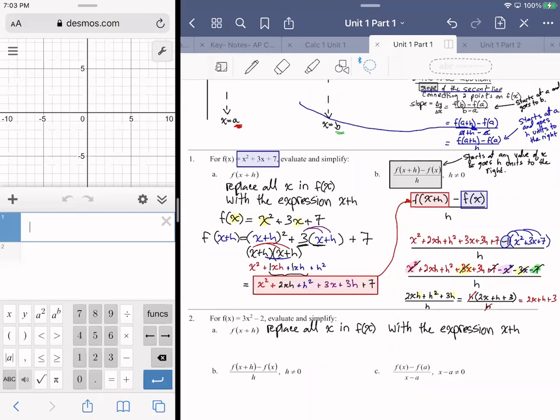So rewrite the function, but instead of an x, we're going to replace all the x's with x plus h. So I'm going to rewrite the function, replacing every x with an x plus h.